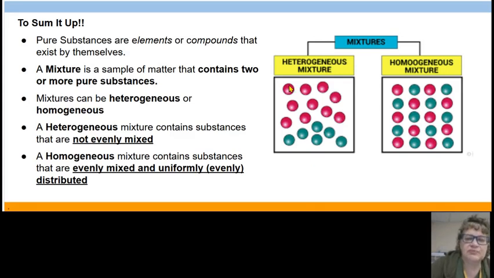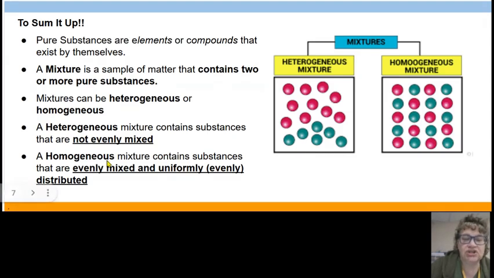So water exists by itself. You can put sand into the water, that becomes a mixture. Okay. Mixtures can be heterogeneous or homogeneous. Heterogeneous means that they're not evenly mixed. Most heterogeneous mixtures can be separated into their two or more components.